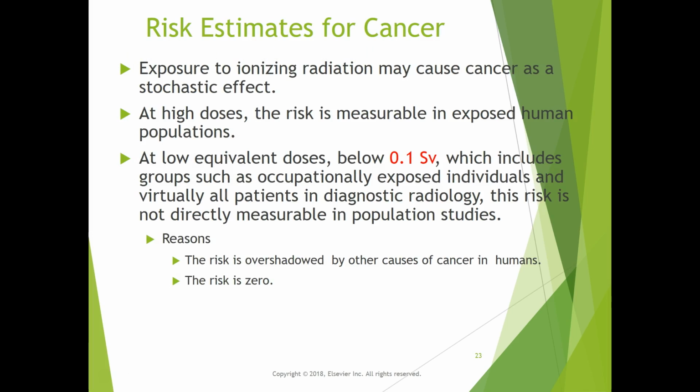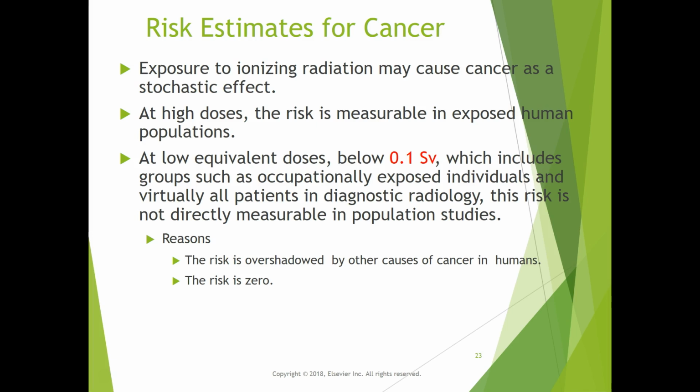Okay, so risk estimates for cancer. Exposure to ionizing radiation may cause cancer. At high doses, the risk is measurable, okay? At low doses, which include occupationally exposed individuals like yourself, the risk is not directly measurable in a population.